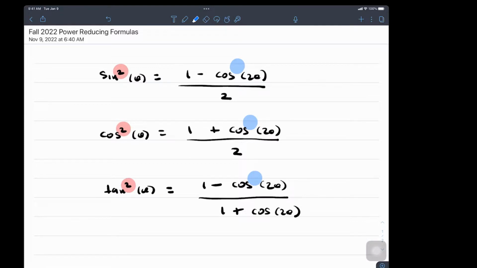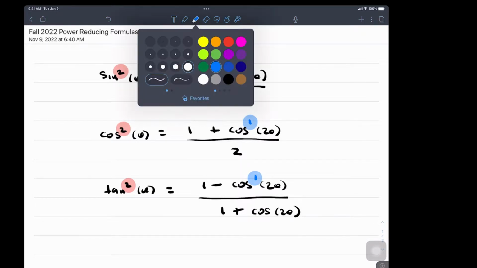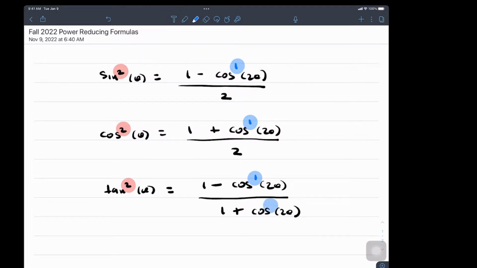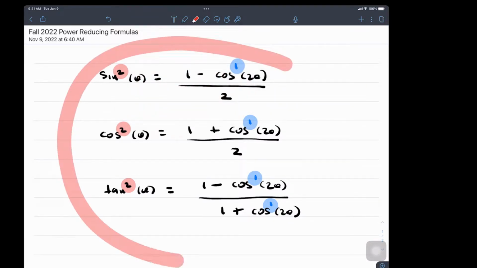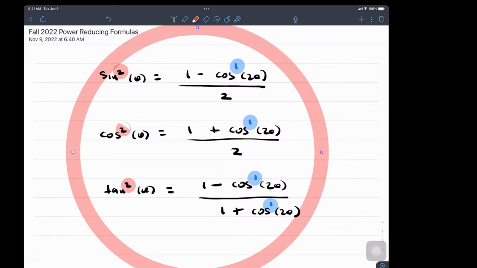That's always the default, power 1. Easy breezy, lemon squeezy. So just by definition of these power reducing formulas, these three, we have power 1 there. This is the power reducing formulas, really mainly the first two.